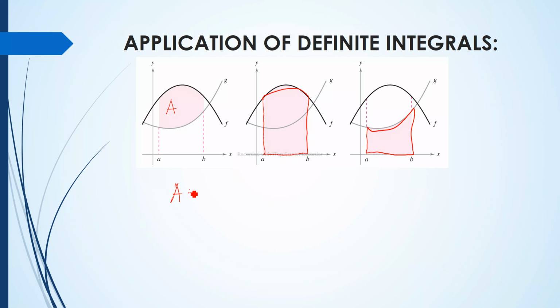Again, that is equal to the integral of y upper minus y lower, dx, from A to B. This is if our differential element is vertical, like in this scenario.